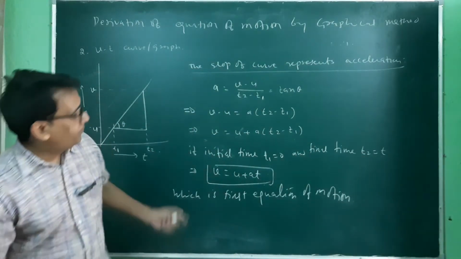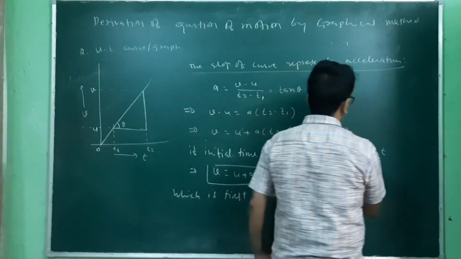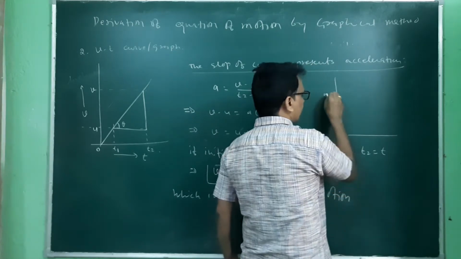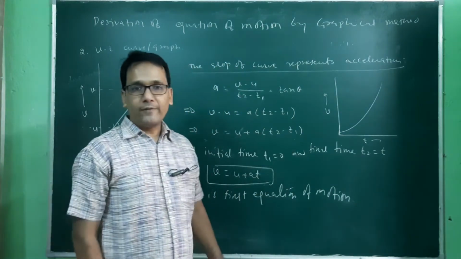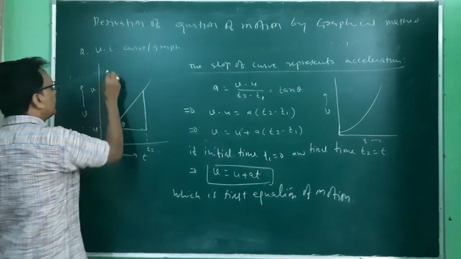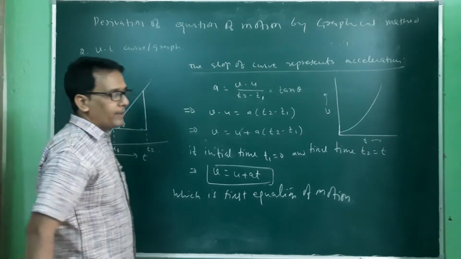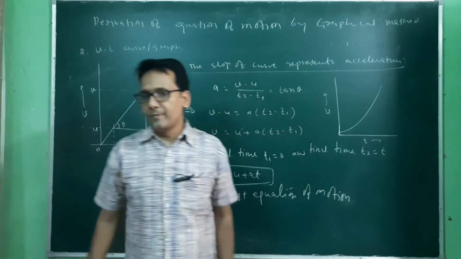This curve may be like this also. If this is velocity v and this is time t, and the curve is like this, it is varying velocity. This is uniform acceleration, and here there is some change in the acceleration in between.